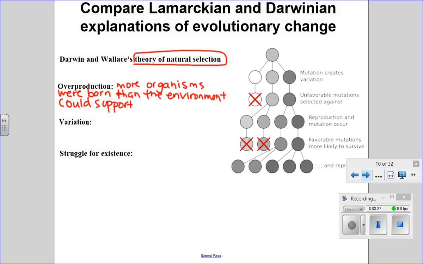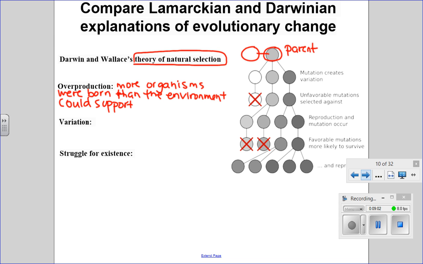So I've got a little picture up here illustrating a parent and their possible offspring. Now, just for simplicity, I'm showing just a few of them here. This isn't representative of the vast number of things that would exist. But we know that for variation to occur, there should be some sort of sexual reproduction happening.